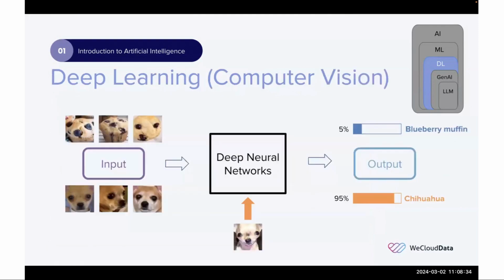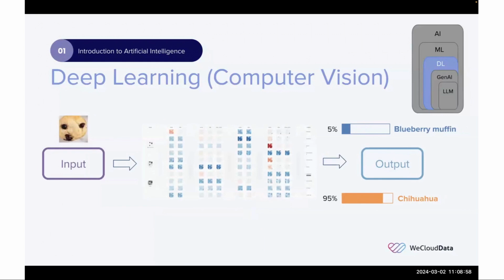Okay, so this field is evolving really fast. The Chihuahua and Blueberry Muffin example here is basically an image classification example, right? So instead of using the traditional machine learning algorithm, we use a deep neural network, and there are different architectures, one based on something called convolutional neural network. We'll briefly talk about that later.